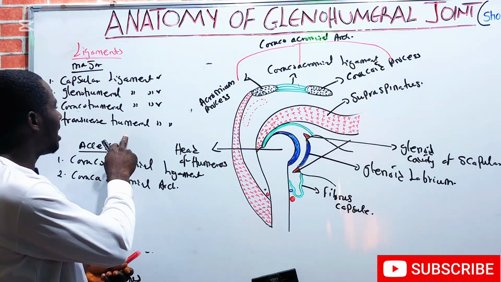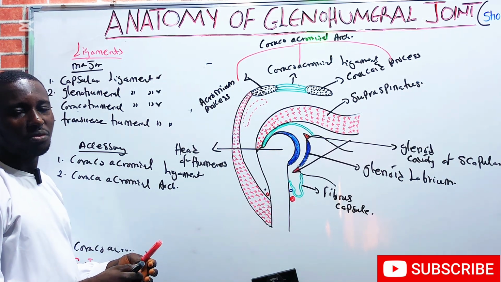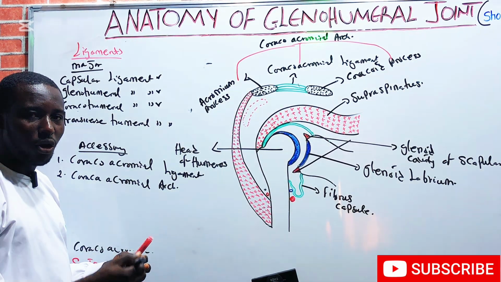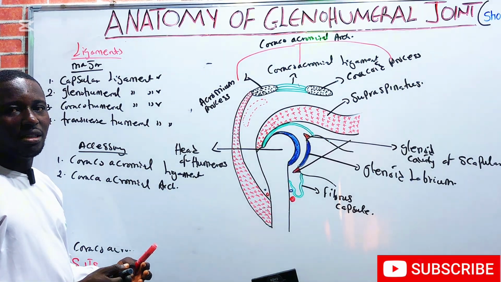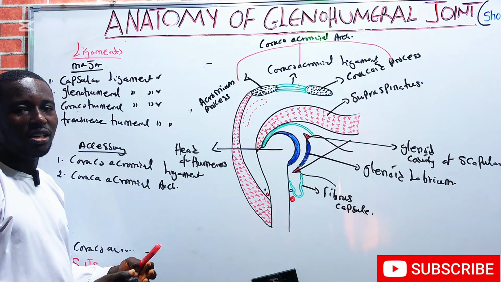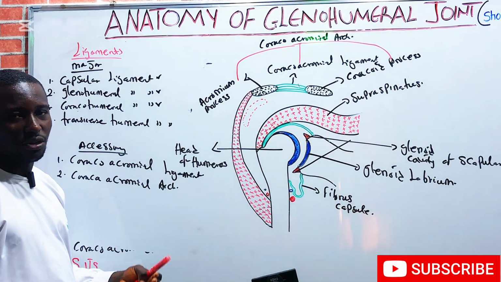Now the transverse humeral ligament is a broad fibrous band that bridges the bicipital groove of the humerus between the greater and lesser tubercle.